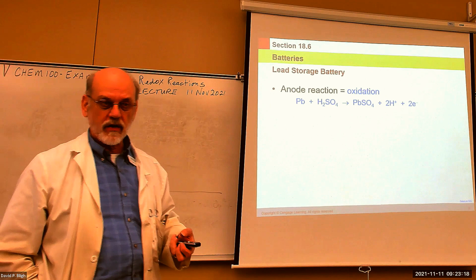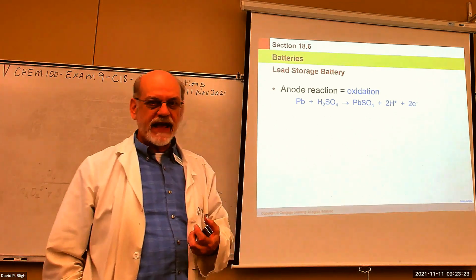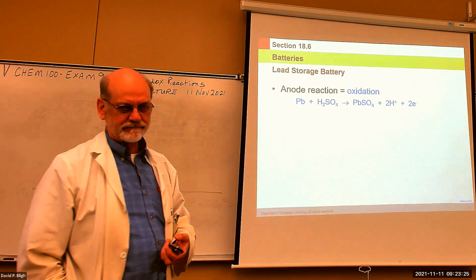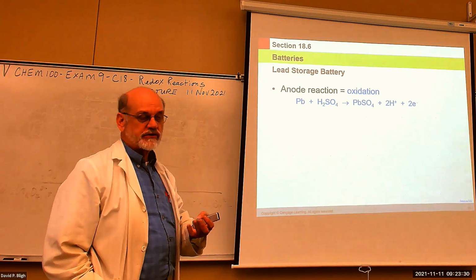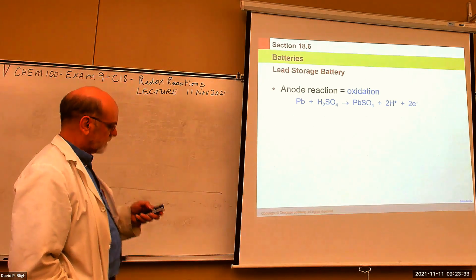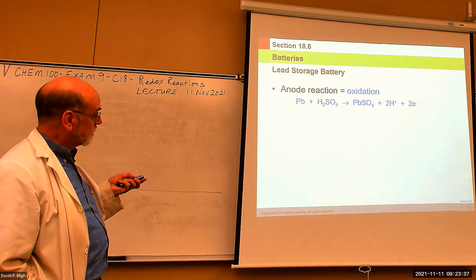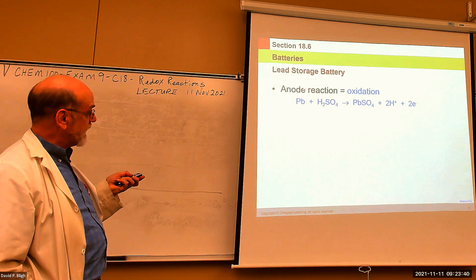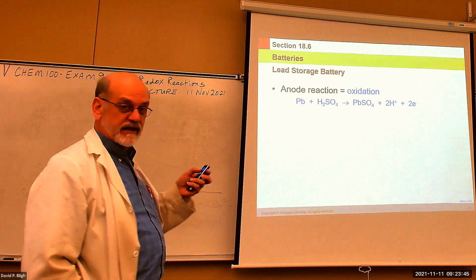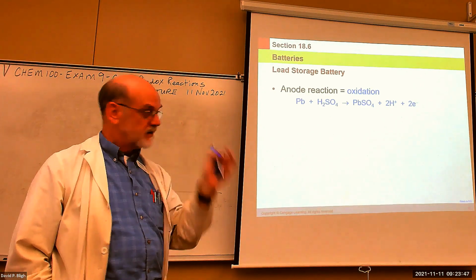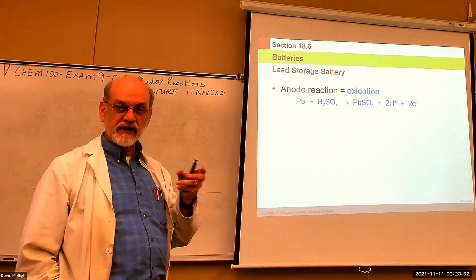Now the batteries are more or less sealed. In other words, you can't access them internally. There's some other chemistry going on there that makes that unnecessary, which is a good thing. But here's the reaction. So we're taking lead and sulfuric acid at the anode where oxidation takes place. And we're oxidizing this lead, zero oxidation state, to this lead, which is 2+ oxidation state, or +2.